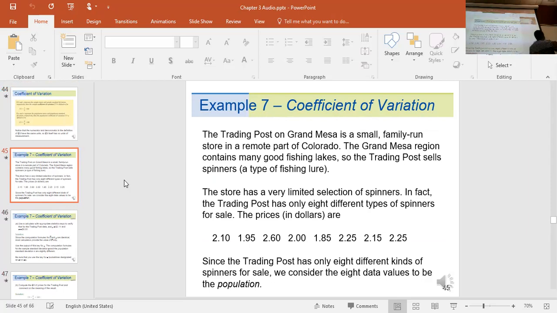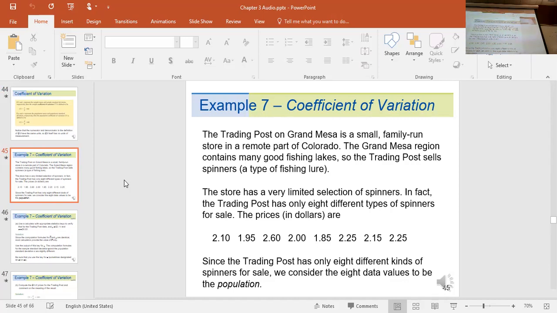Anybody remember what the mean was? 2.14. And the standard deviation? 0.22. So can you subtract the standard deviation from the mean here? 2.14 minus 0.22. 1.92.